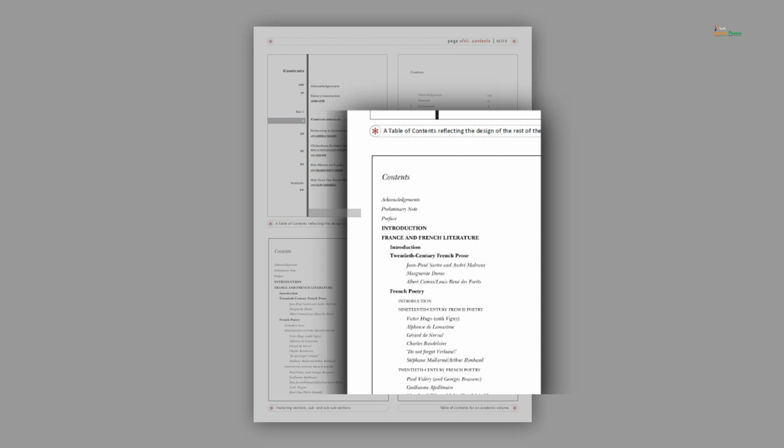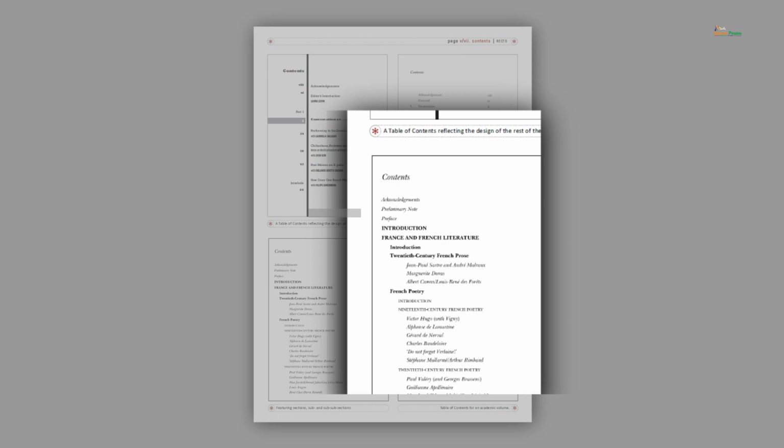Now this is not an introduction to the chapter, this is an introduction to the section. I want you to pay particular attention to how we have represented both of these introductions. If you can see the line just under France and French Literature, that introduction in upper lower bold case is an introduction to the entire chapter.